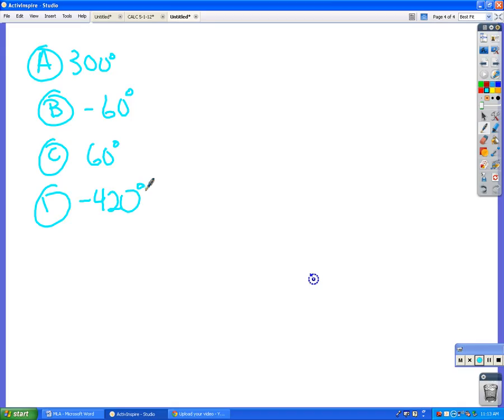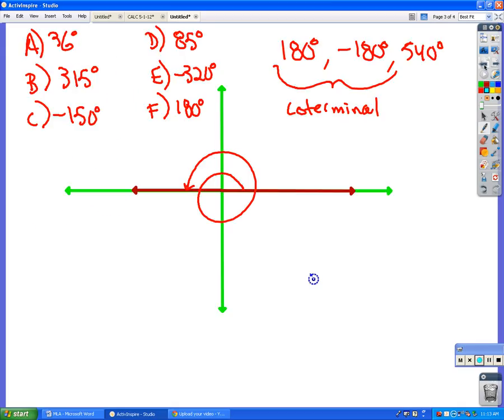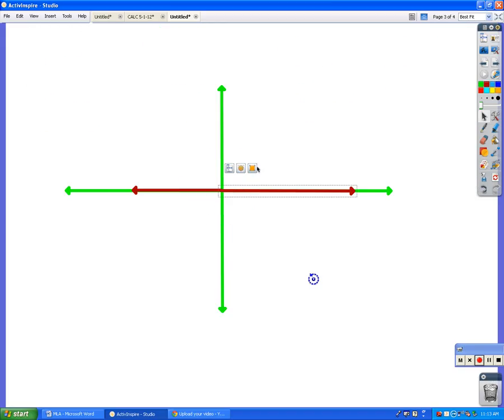If I look at these 4 angles, which one of them is not coterminal with any of the others? Negative 420. If I'm starting right here and going to negative 420, I go negative 90, negative 180, negative 270, negative 360.